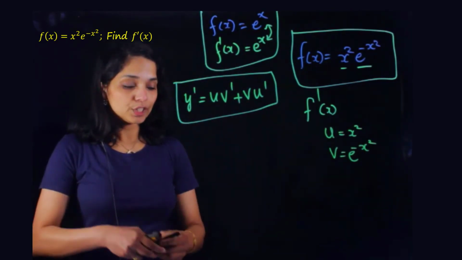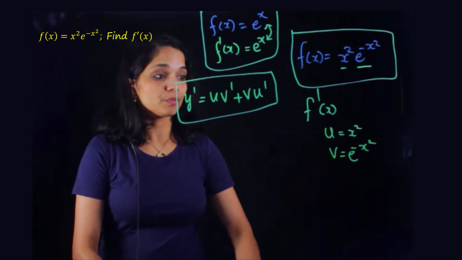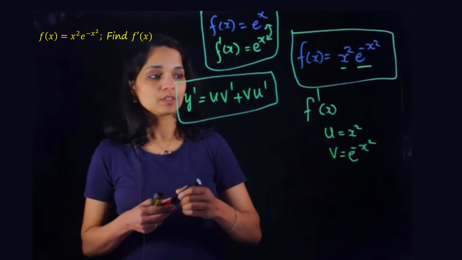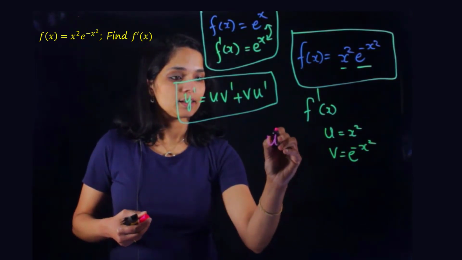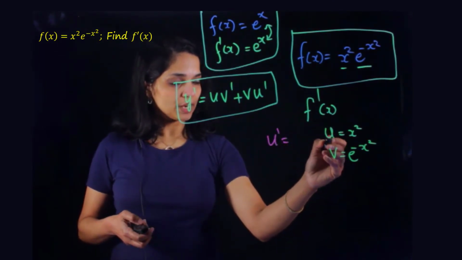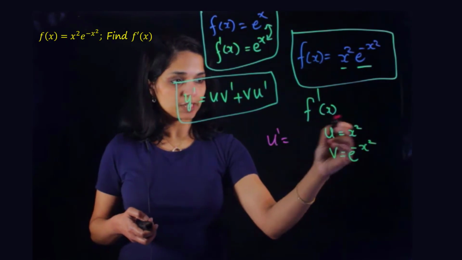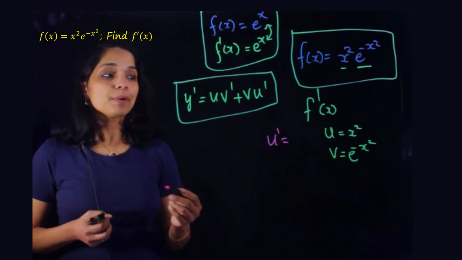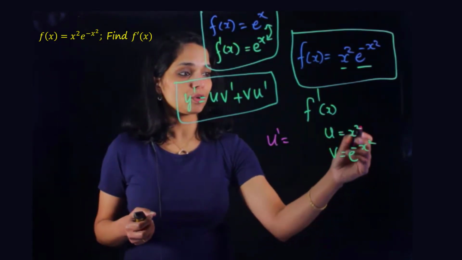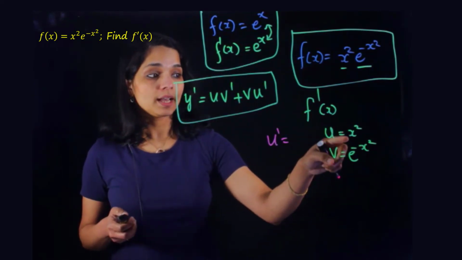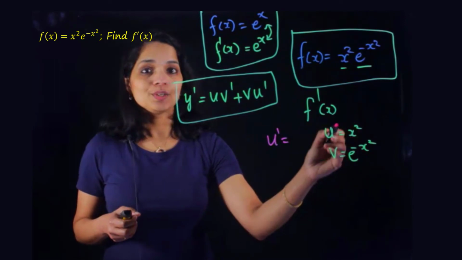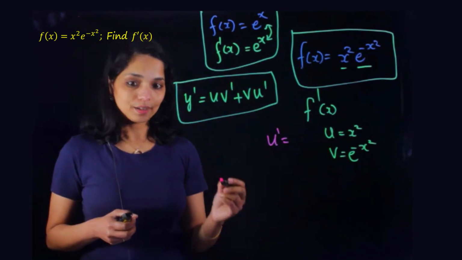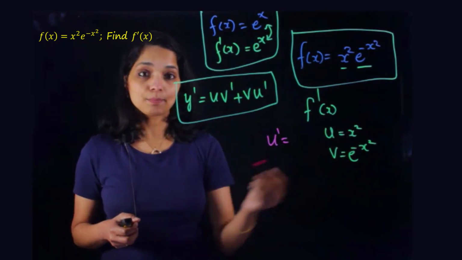Now we need to find u' and v'. The derivative u' can be obtained by applying the power rule, because this function is a power function.